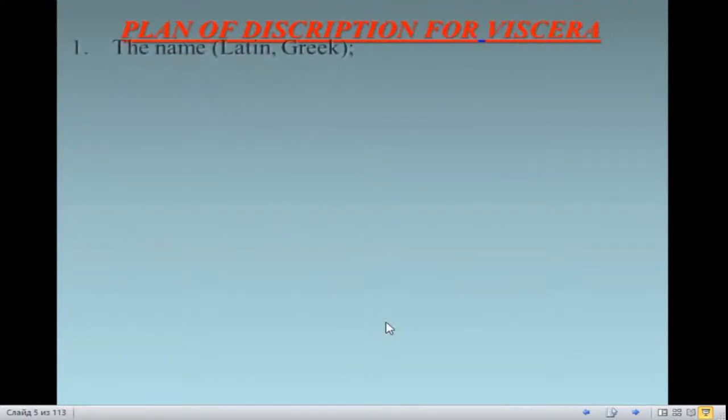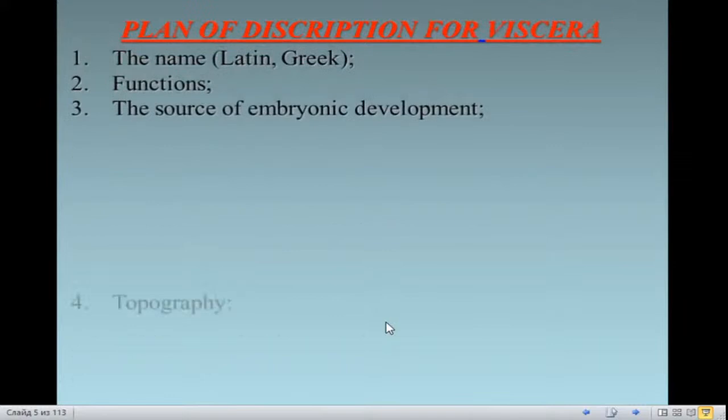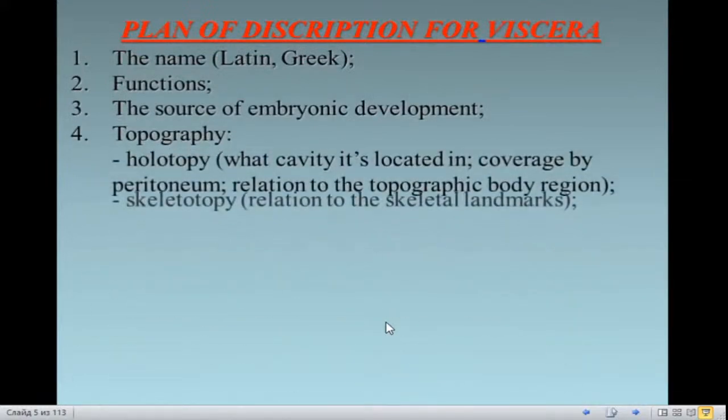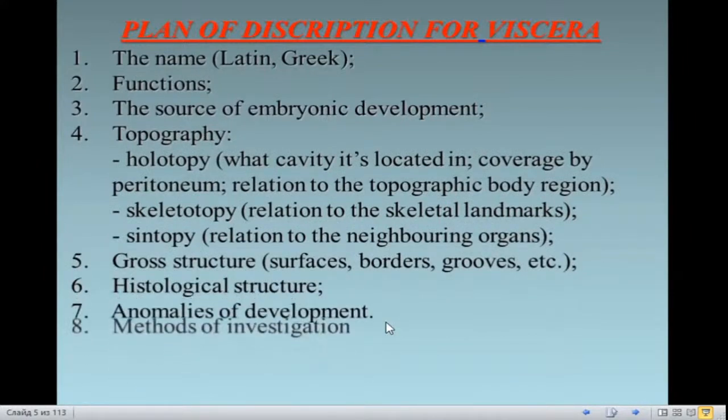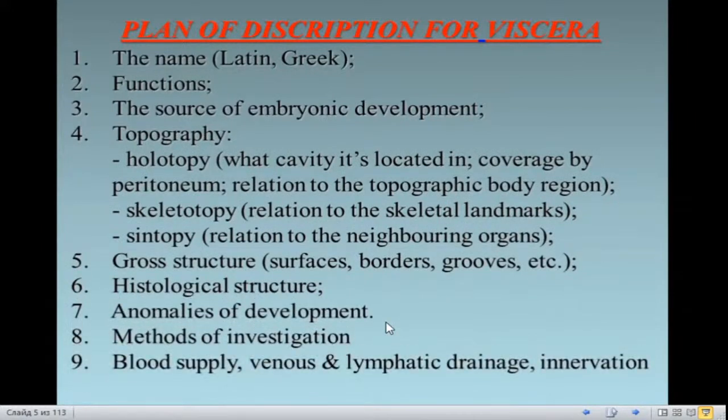Like we had an exact plan of description for bones, joints and muscles, the same plan of description we need to follow while describing the viscera or internal organs. This plan is necessary to have a logical sequence of what we are saying and for narrating the pictures that we can see, so we can describe X-ray, MRI or CT scan films without forgetting anything.